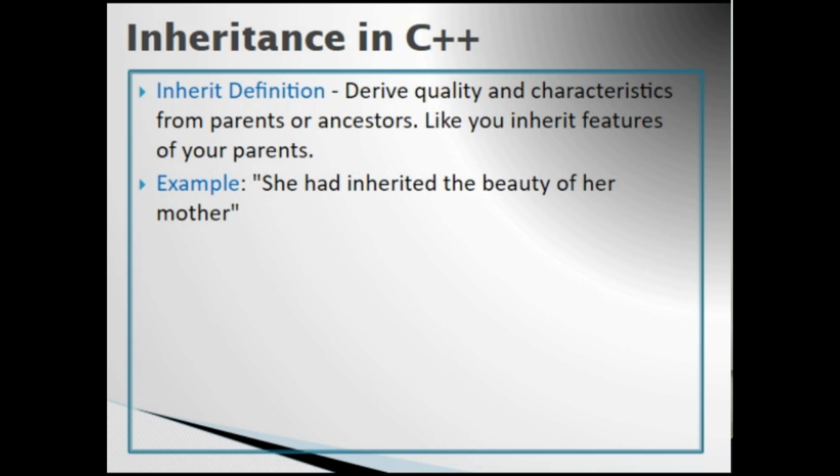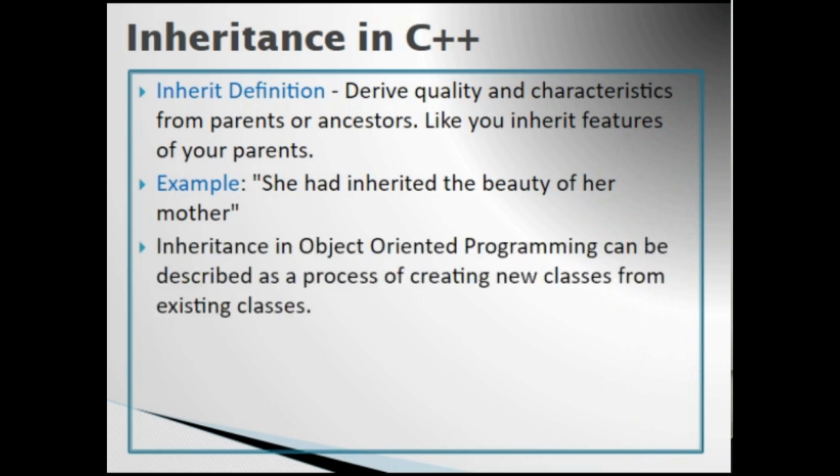Let's take an example. We always say that she has inherited the beauty of her mother. It means she or he inherits properties from the parents. So inheritance in object oriented programming can be described as a process of creating a new class from an existing class.